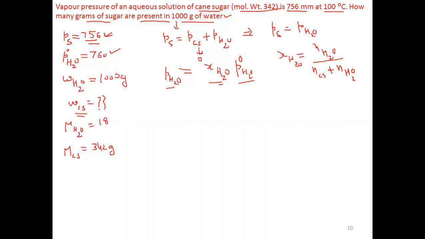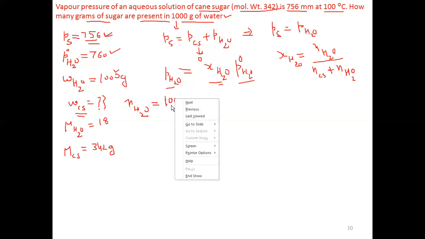Now let us see N water. The weight of water is 1000 gram. So N water, the number of moles of water, is equal to the weight of water, which is 1000, divided by its molecular weight, and it will come out to be 55.56.